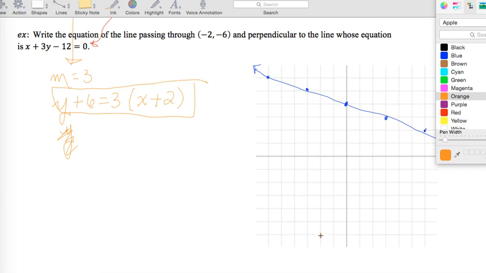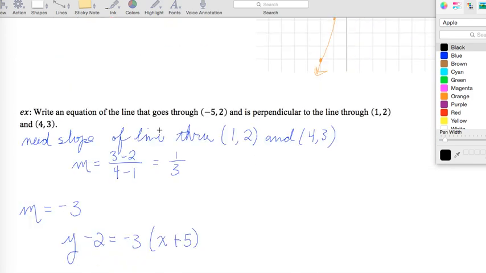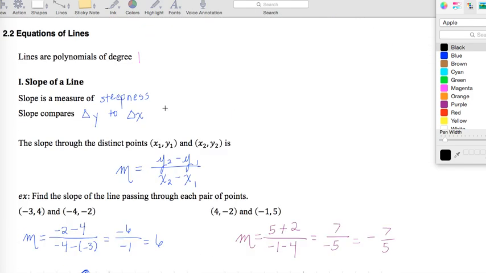I have the slope of 3, so that means up 3 over 1. Up 3 over 1. And you can see they do look pretty perpendicular. Right, which means that that is a right angle right there. 90-degree angle. So that's it for equations of lines.